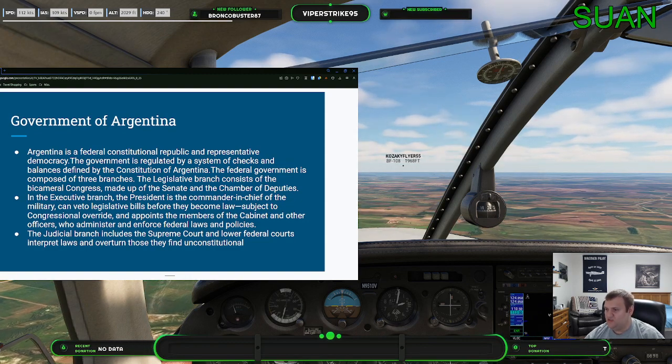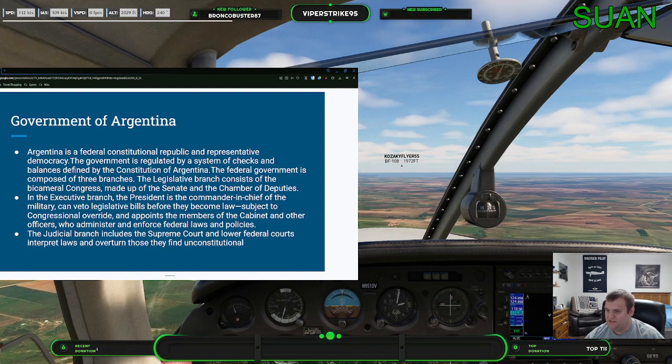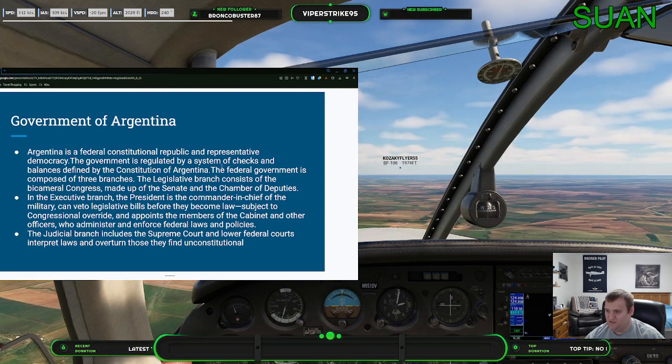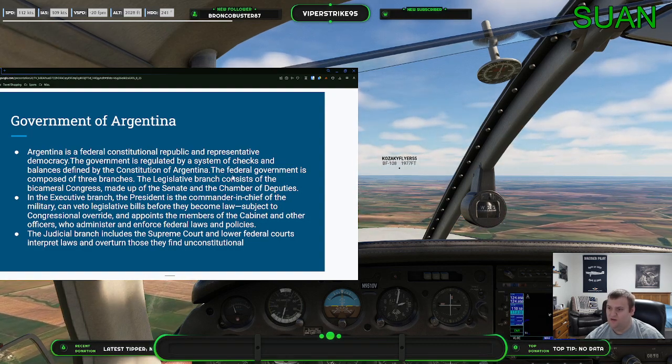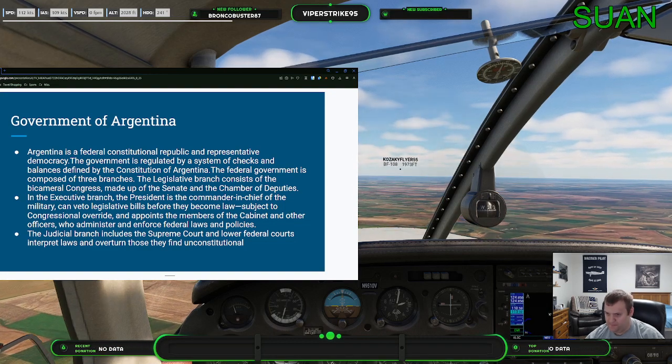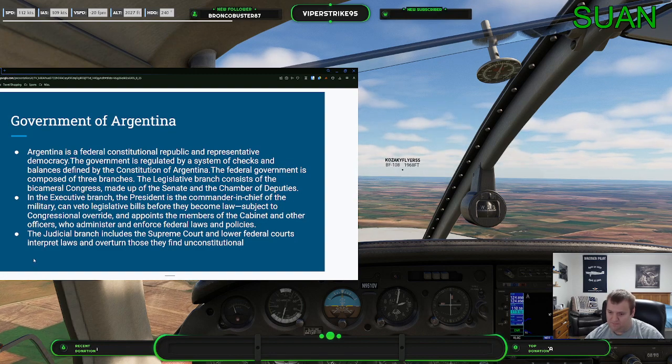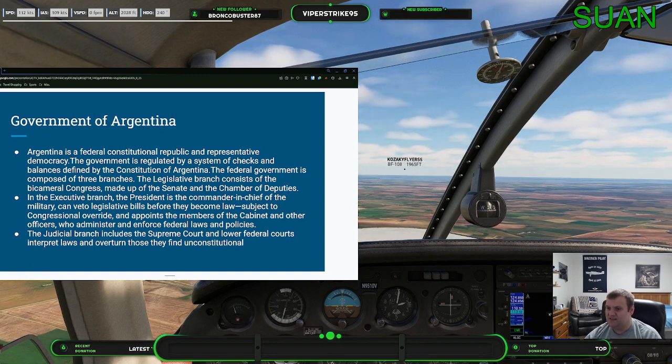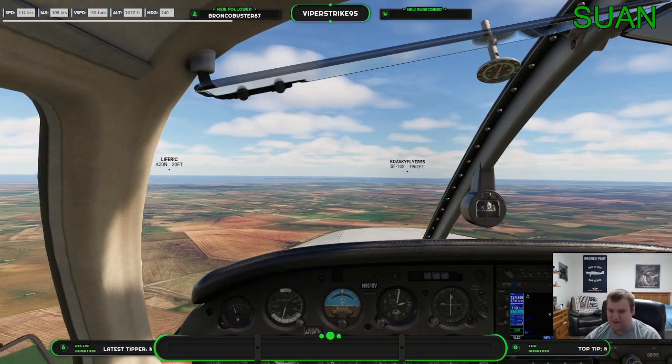However, nowadays, Argentina's democracy is pretty robust, and in fact, it's the second most electoral democratic country in Latin America, behind its neighbor, Uruguay. So, that's just something to keep a note of for all you guys that want to know.